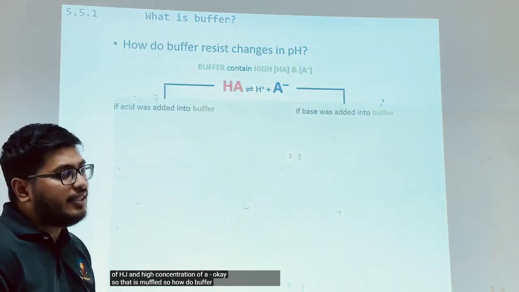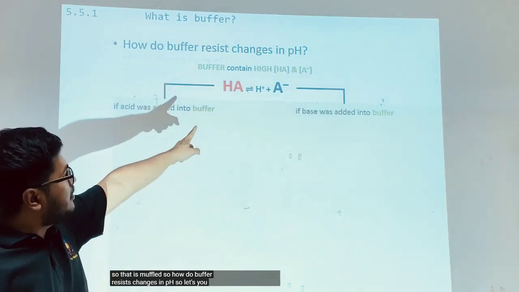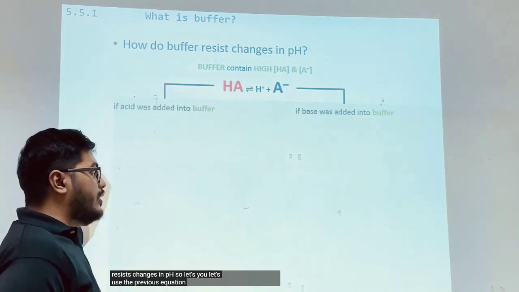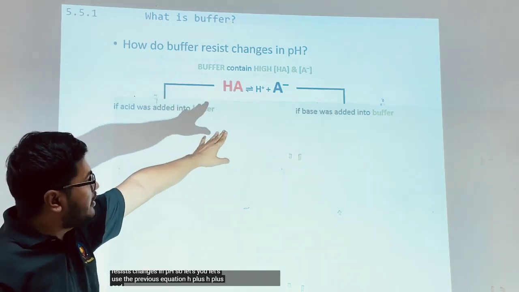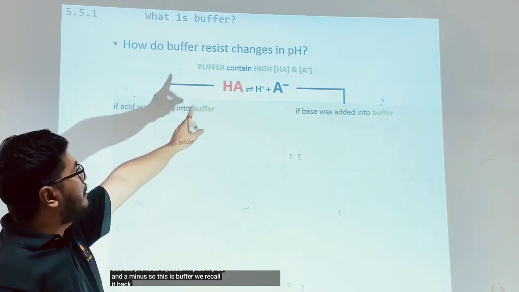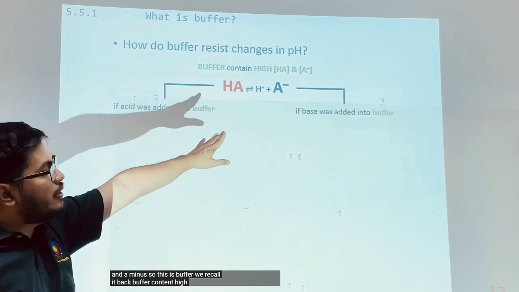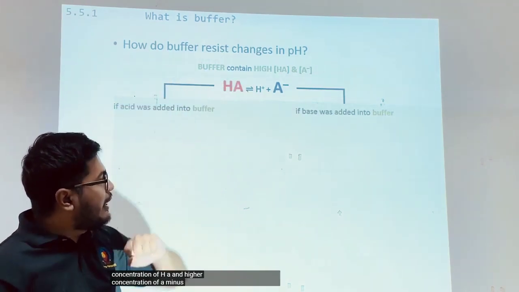So how does buffer resist changes in pH? Let's use the previous equation, HA, H plus and A minus. So this is buffer. Buffer contains high concentration of HA and high concentration of A minus.